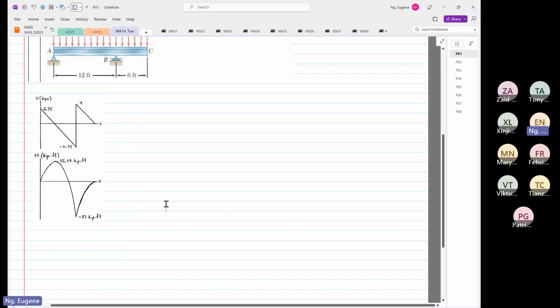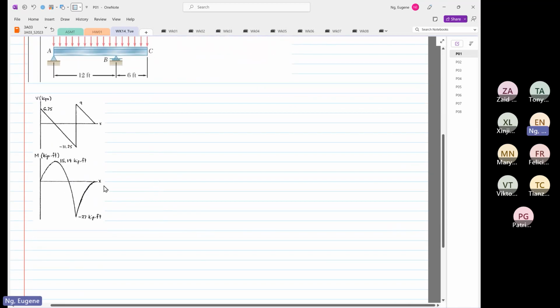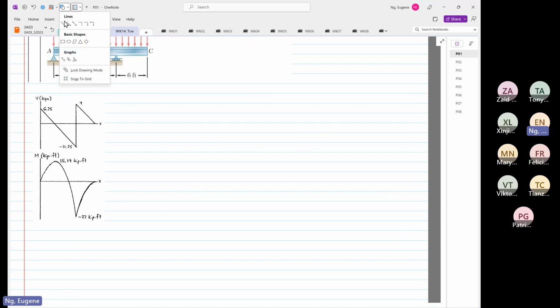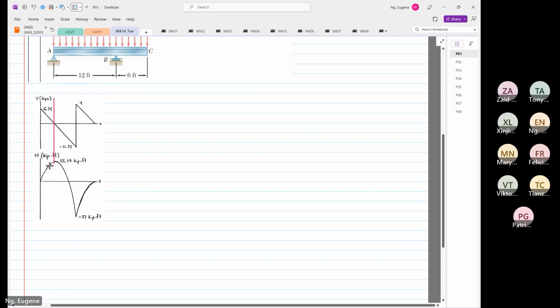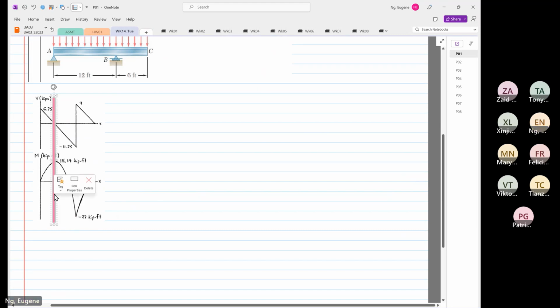There are a few points that we are going to look at, to see which one will induce a higher stress. The first point is at this point over here, where I drew the red line.